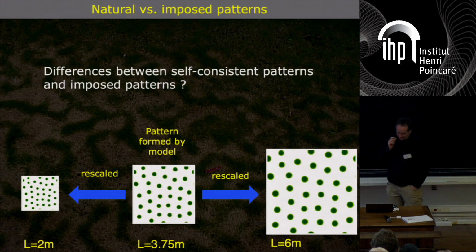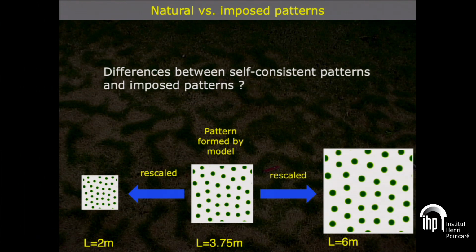For example, one thing we did was to study what happens if, as humans, we impose a pattern on the system. I mean, we do agriculture, or we do some modification on the landscape by which it's us choosing the pattern.